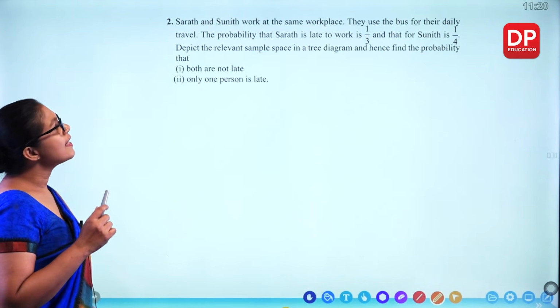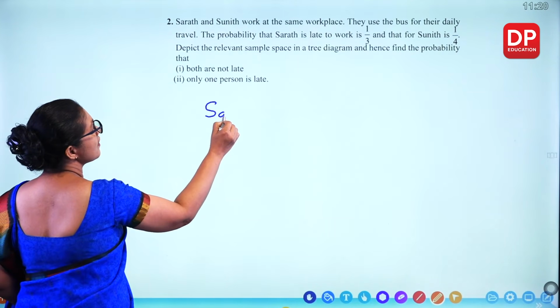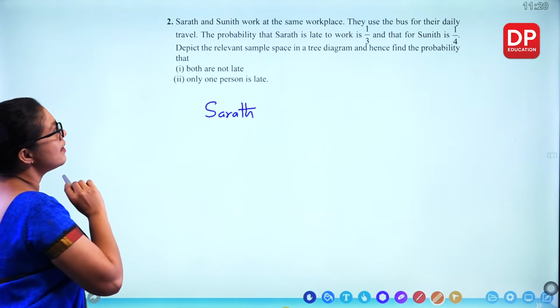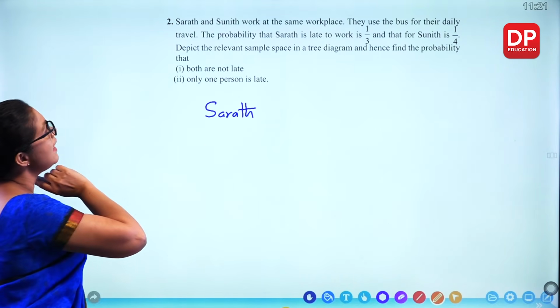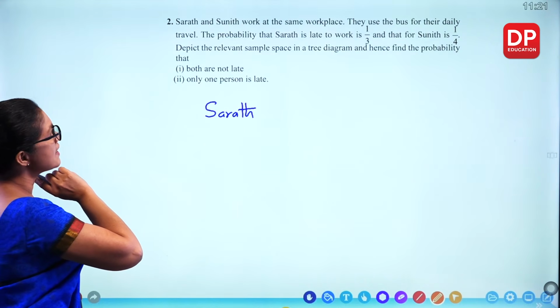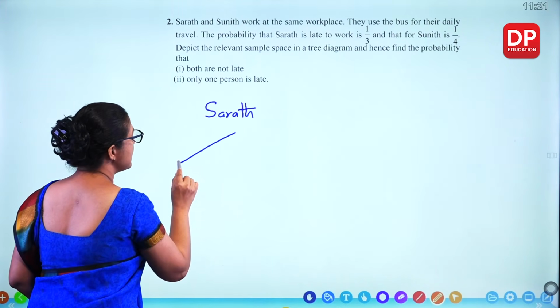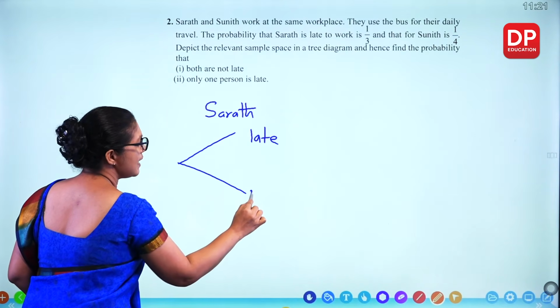So first thing, think about Sarath. What are the possible outcomes? He can get late or not late.